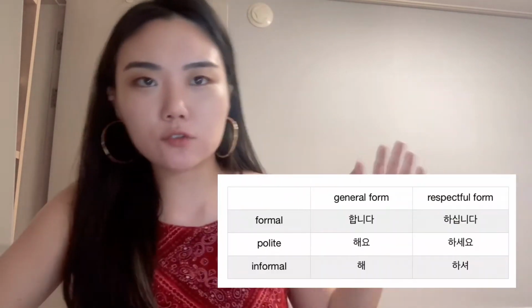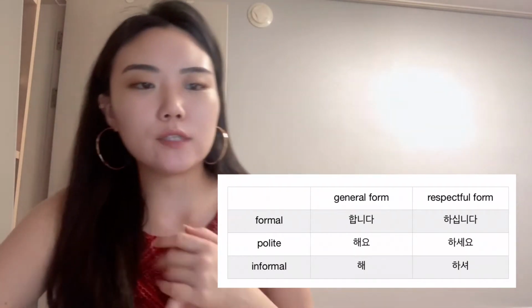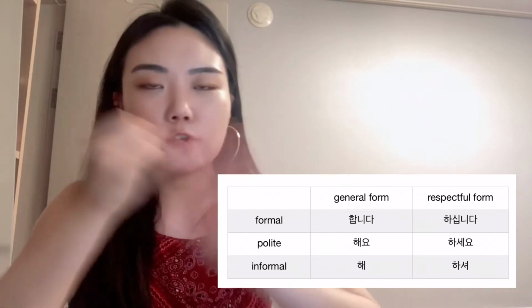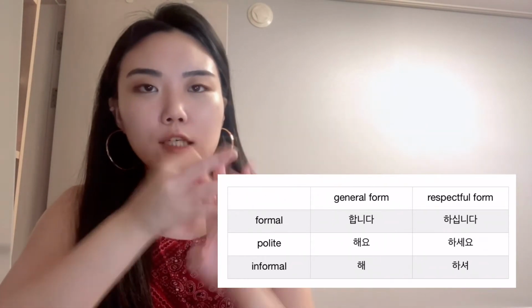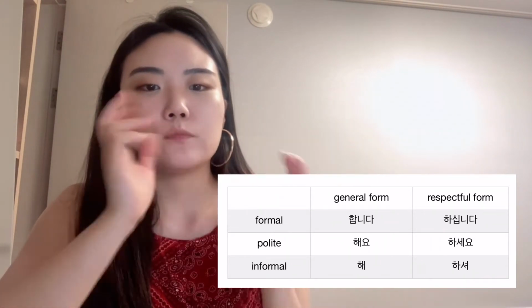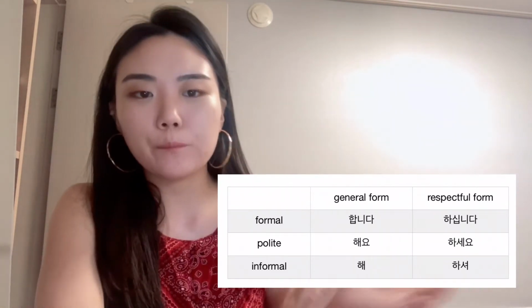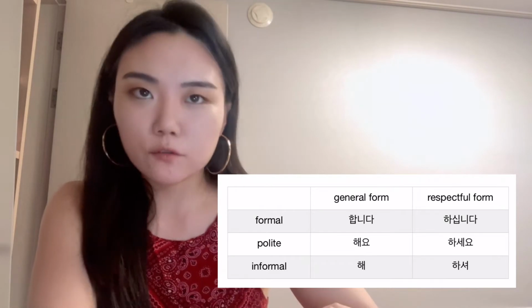So when you have a look at this chart right here, I put 6 forms in total, so 3 different politeness levels, formal, polite, informal, and each tone has 2 forms, which is general form and respectful form. So we're going to read it together.